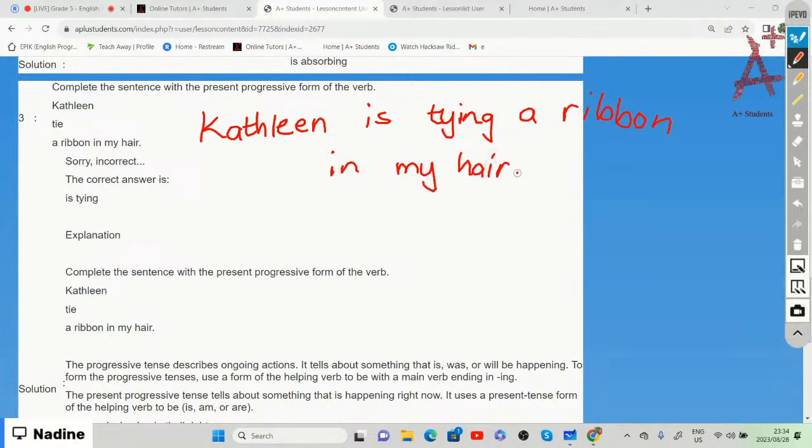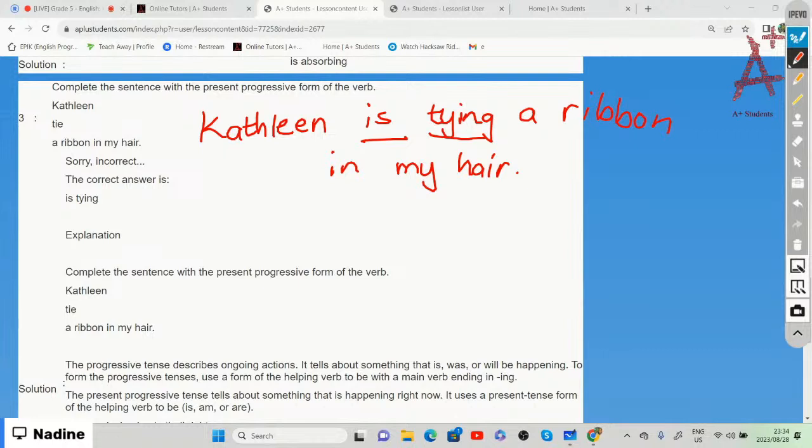So "is" is the helping verb that is helping the verb. You see, we even changed the verb from tie to tying by adding -ing. So Kathleen is tying a ribbon in my hair, and that shows the present progressive form of verb tense.